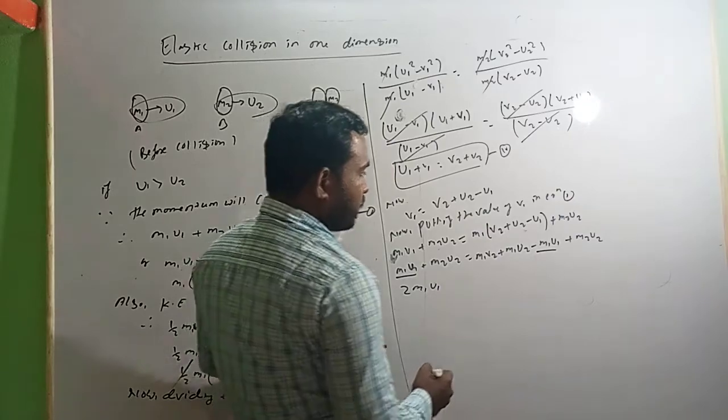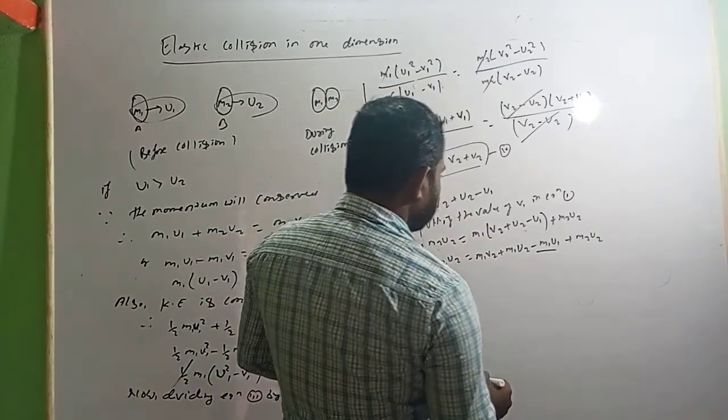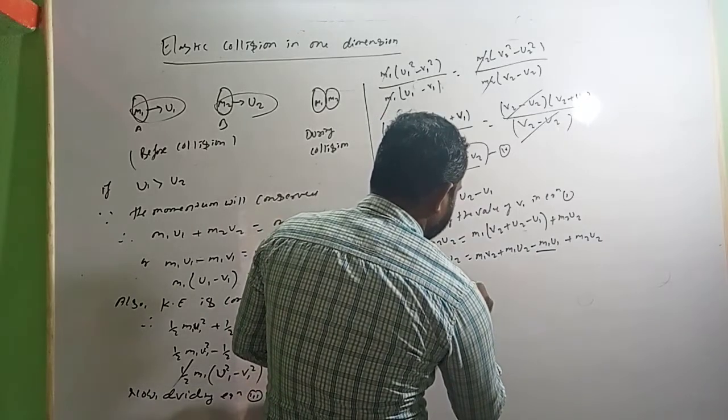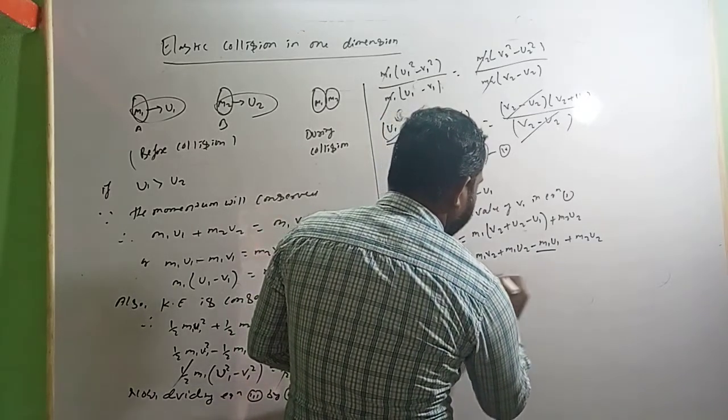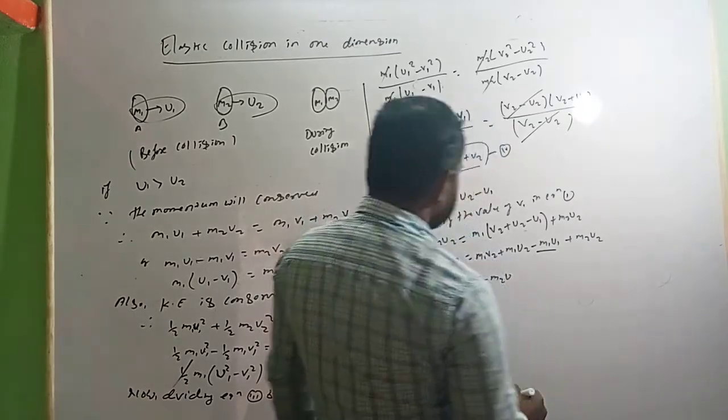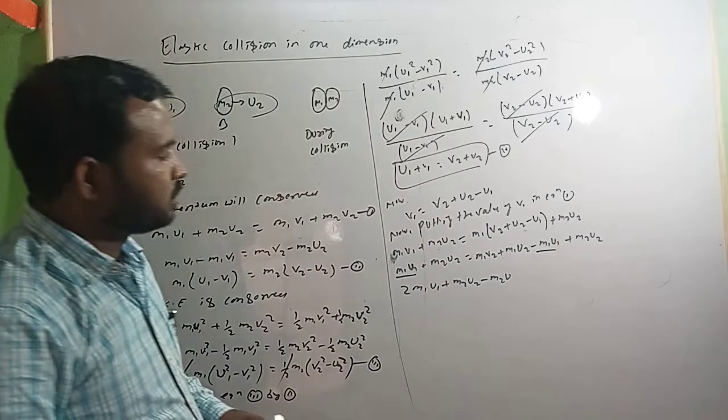Now this you can also write on the left side, plus m2 u2 minus m2 u2, I think this will cancel out, no?